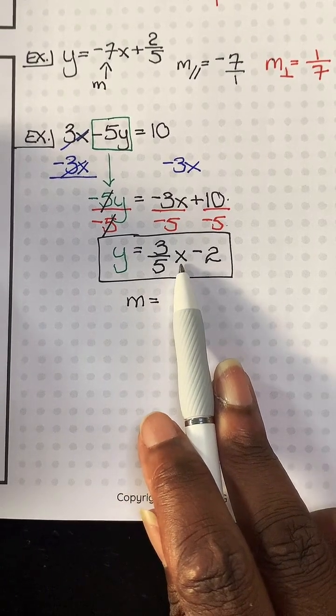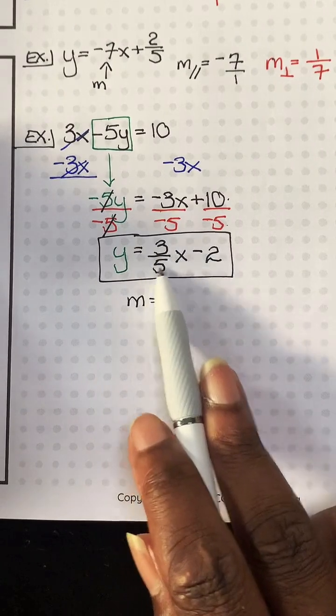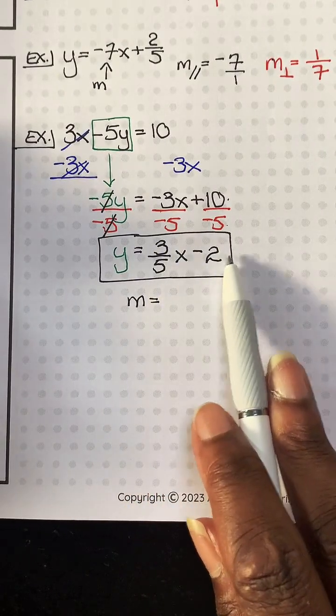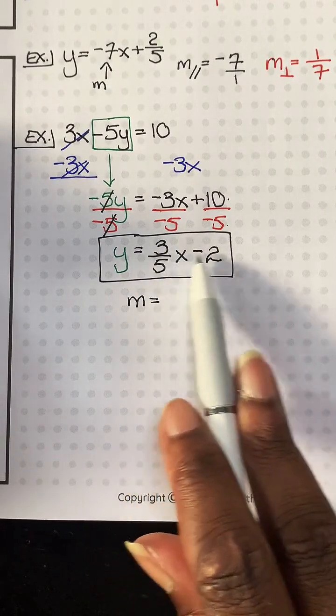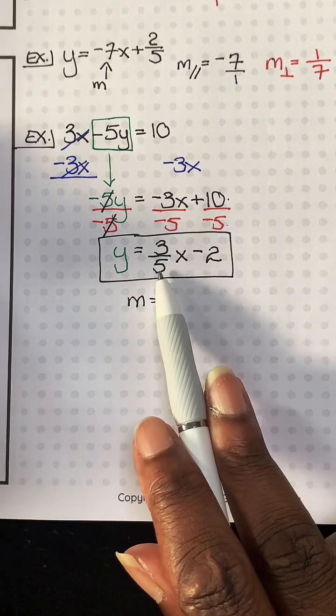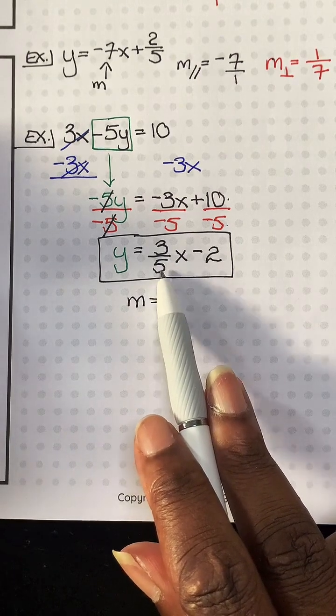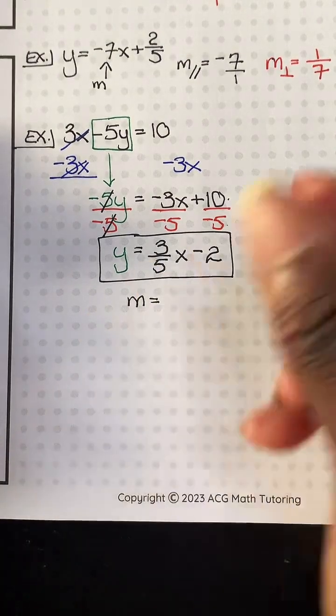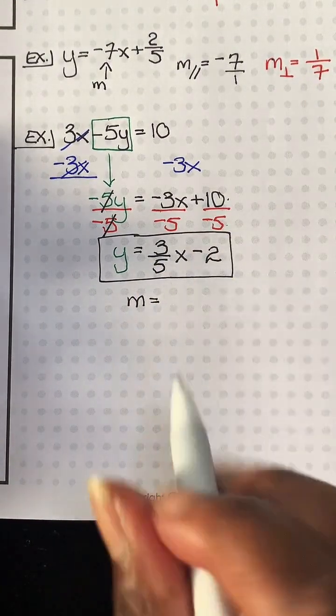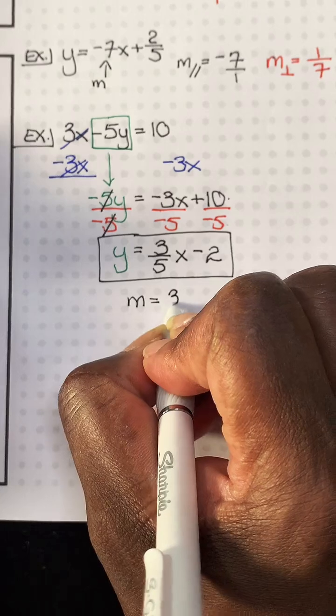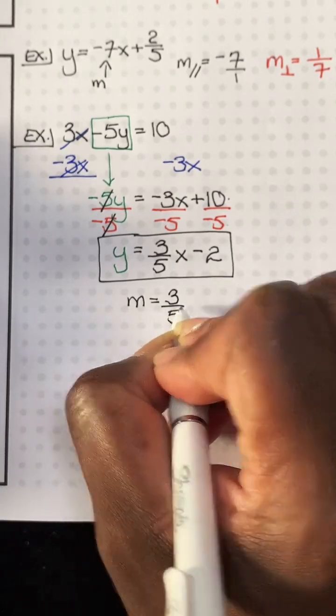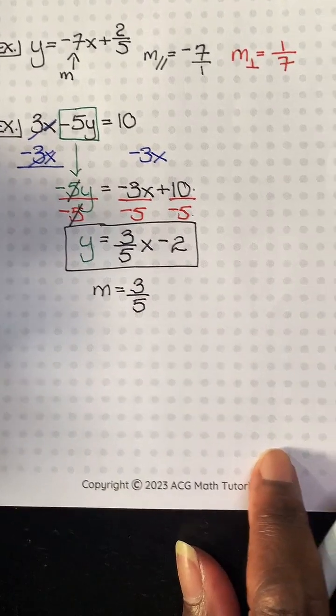Whatever is the coefficient of your x, regardless if it's over here or if it's back here, because sometimes they flip these two around. Whatever is the coefficient of your x, that's what you keep your eye on. So after you did all this work to figure out what your slope is, now you can answer those questions.